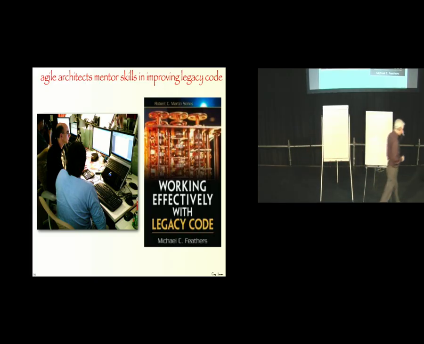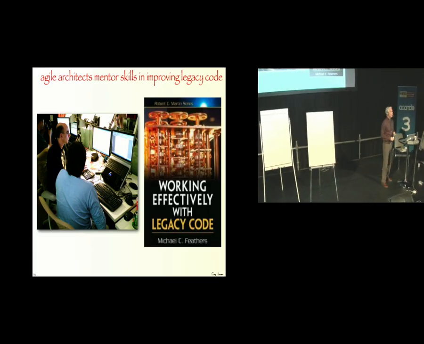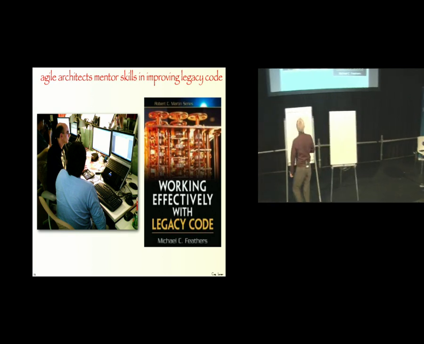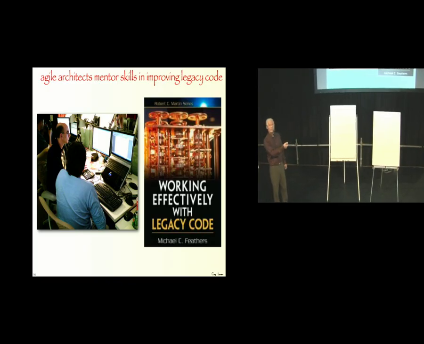And because most systems have a lot of what is euphemistically called legacy code, or more commonly called crap, and lots of it, good agile architects understand the skills of how to improve legacy code.